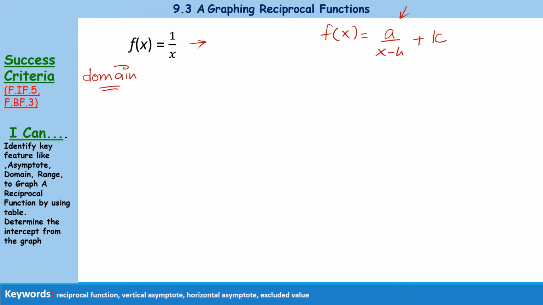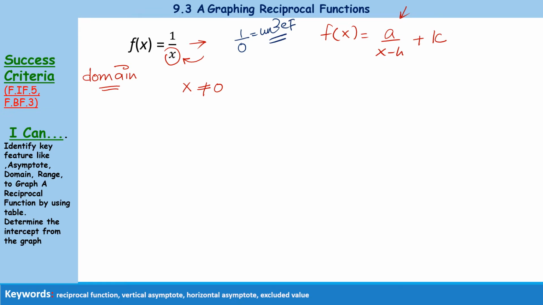For that reason, always focus on the denominator: just write it and set it not equal to 0, and solve for x. In this case you have x not equal to 0. It means that if you put 0 in the equation, like 1 over 0, it makes the function undefined.